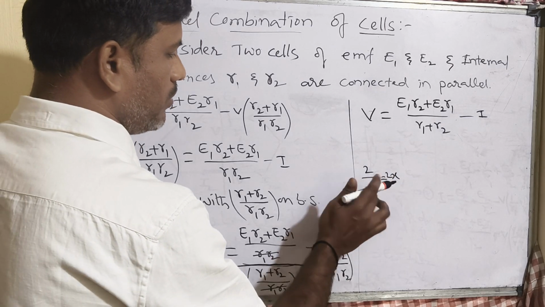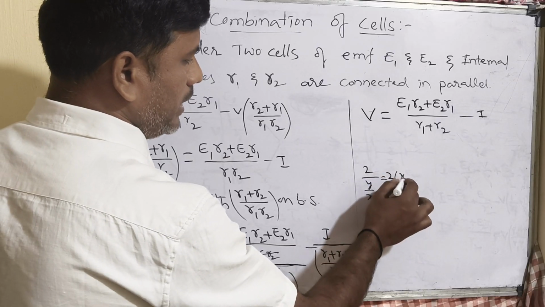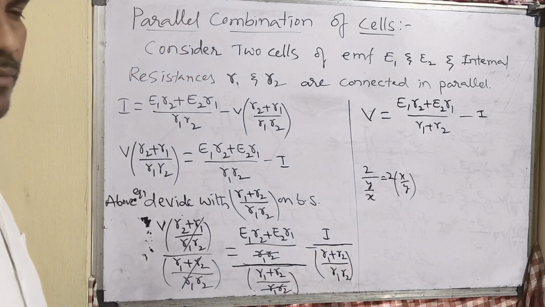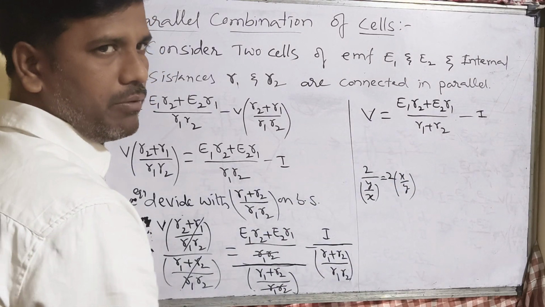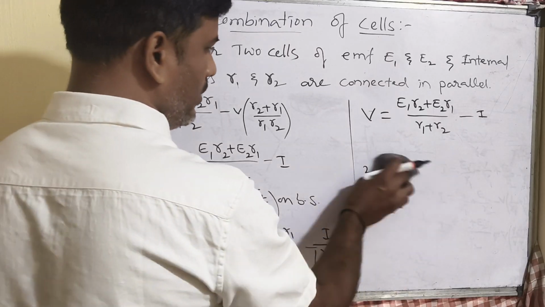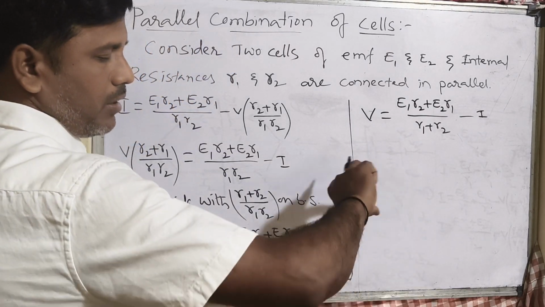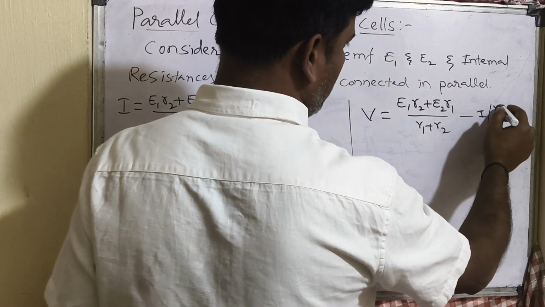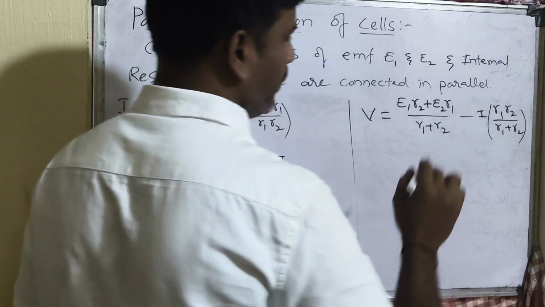So reverse: for example, if it is y by x, then 2 divided by y by x will come as 2 into x by y. So y becomes reciprocal. That is a basic concept in mathematics, right? Same like that, this becomes R1 R2 by R1 plus R2.